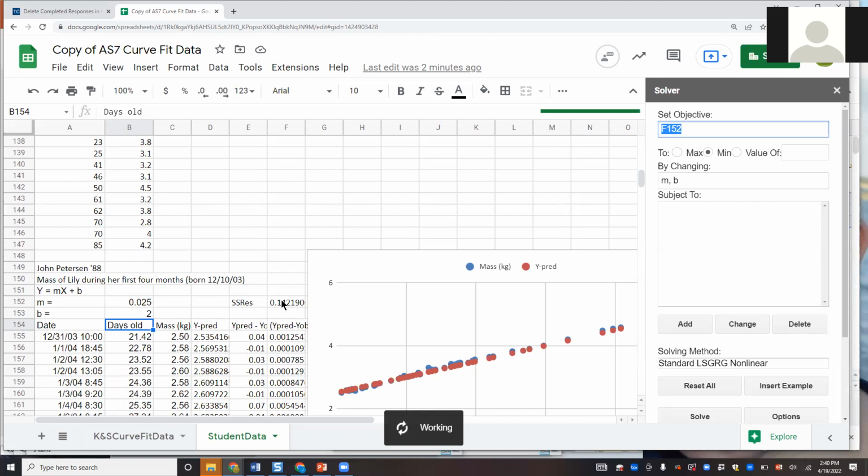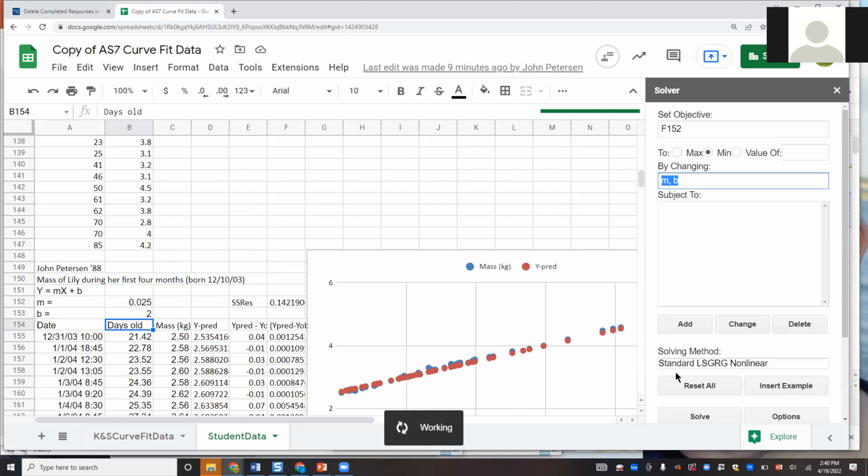It has M and B in here, which is also kind of spooky because it doesn't know what M and B are. Does yours have M and B in it too? That's weird, because there's nothing actually named M and B in here, and that's not actually what you want. What you want is to change this number and this number.